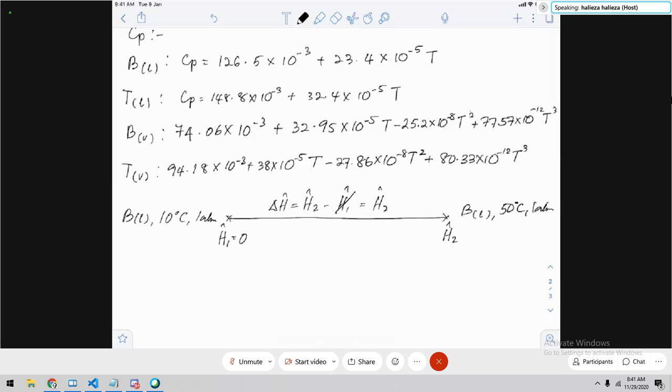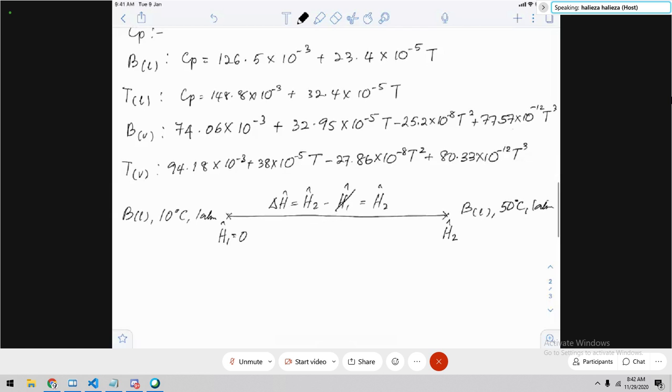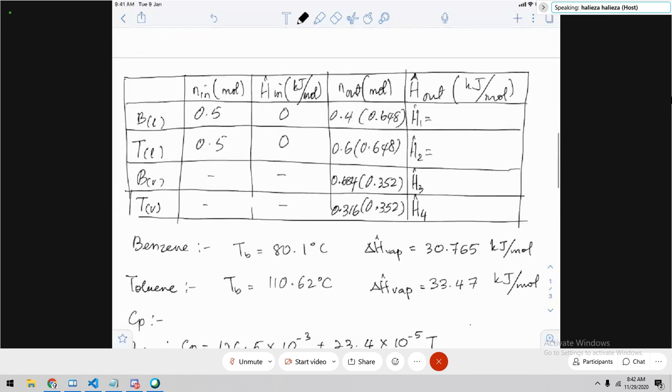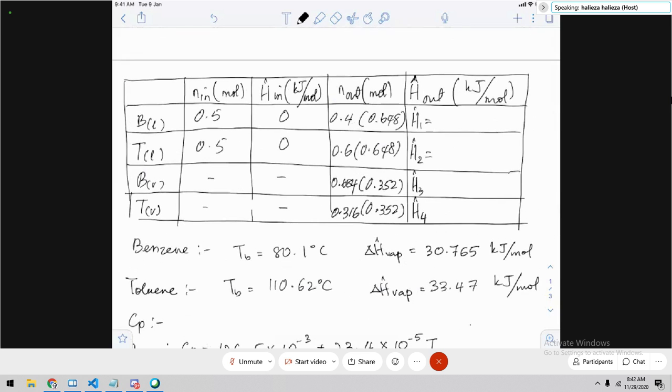We already know that whenever there is just a temperature difference, it can be easily calculated from the beginning temperature to the final temperature. All you have to do is integrate the Cp with respect to temperature. Okay, I better redo my symbol because H1, H2 is going to be confusing if we look at this.